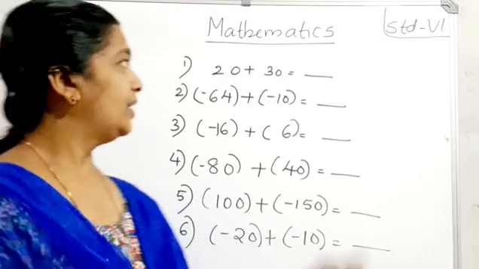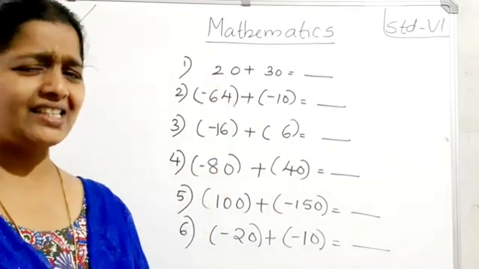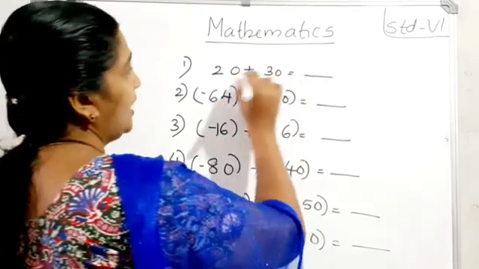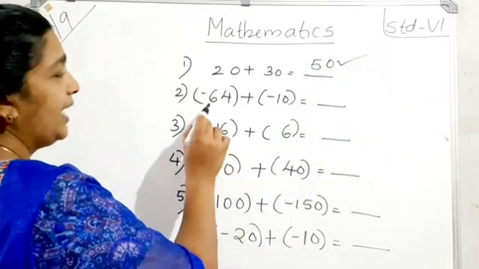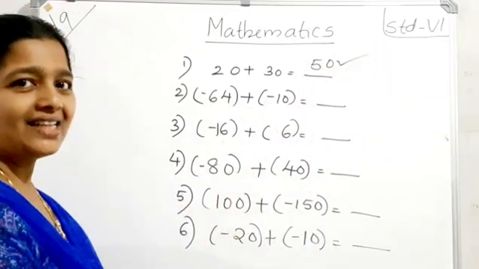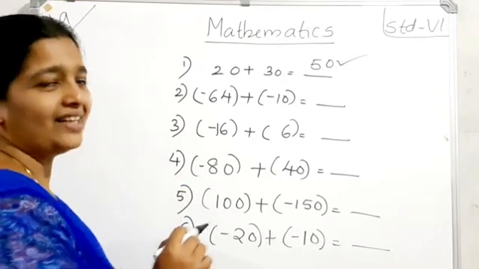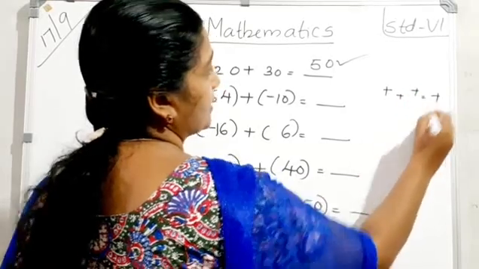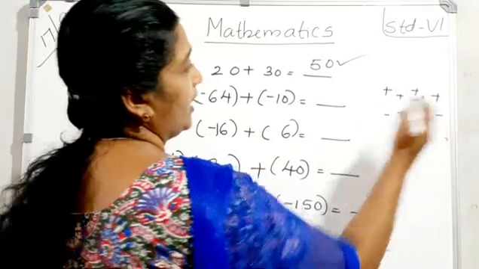So we can do some questions. First question, 20 plus 30. Say the answer. Yes, simple. When we add two positive integers, we get a positive integer, 50. Okay? Next. -64 plus -10. When we add two negative integers, positive plus positive equals positive, and negative plus negative equals negative.